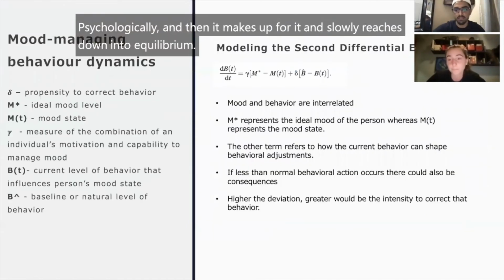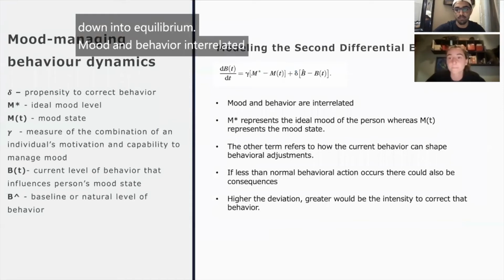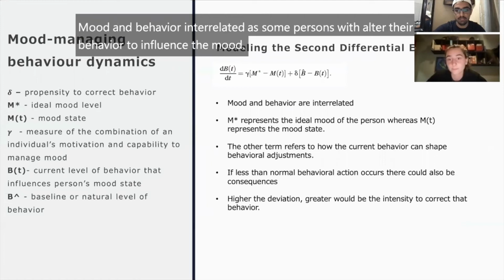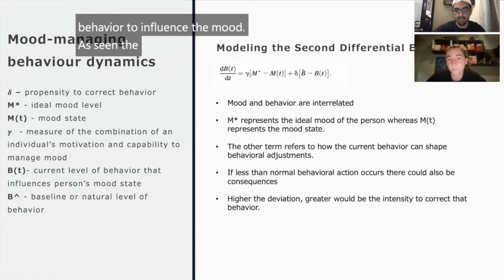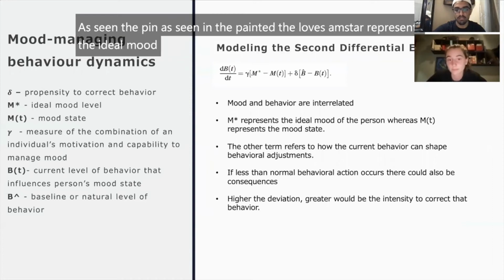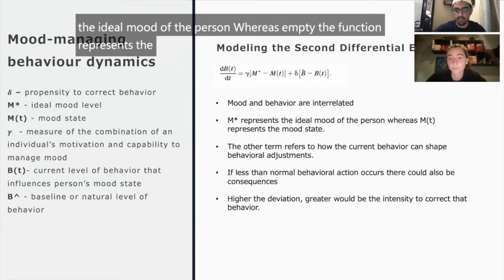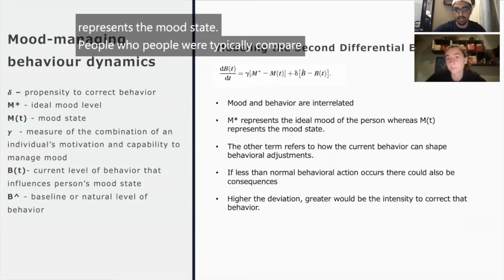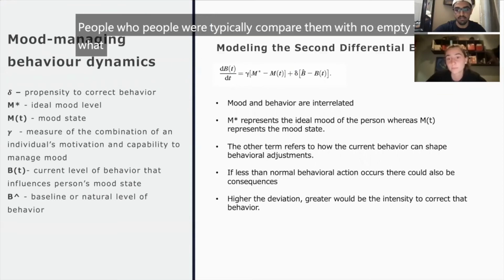Mood and behavior are interrelated as some persons will alter their behavior to influence the mood. As seen in the panel to the left, M star represents the ideal mood of the person, whereas M of T, the function, represents the mood state. People would typically compare the mood now, M of T, to what they want it to be, M star.